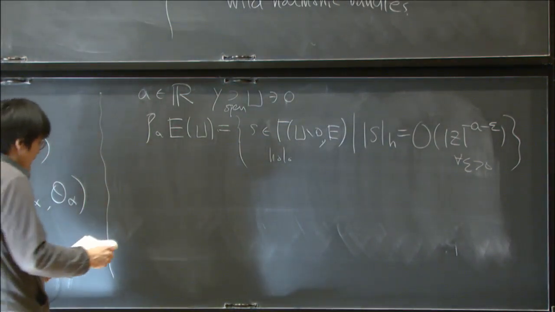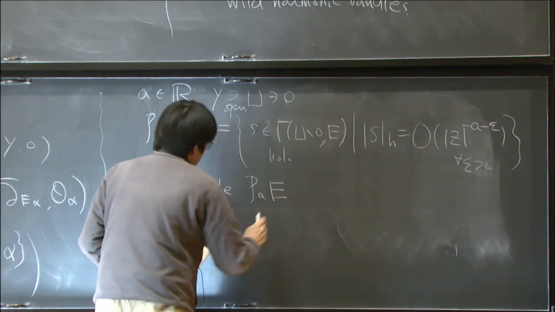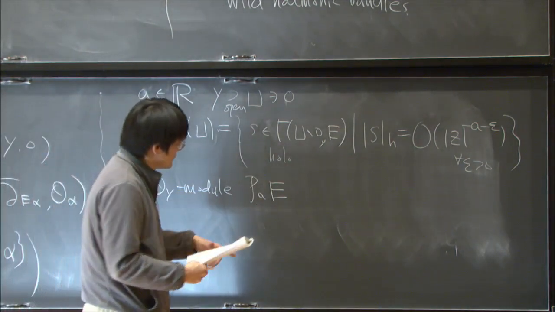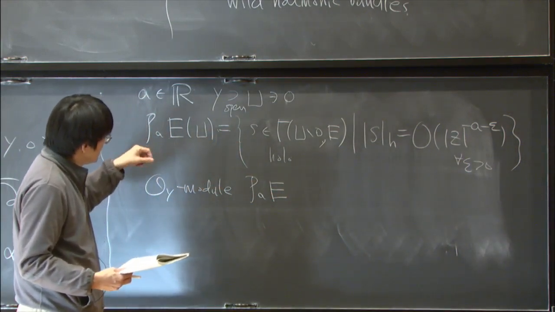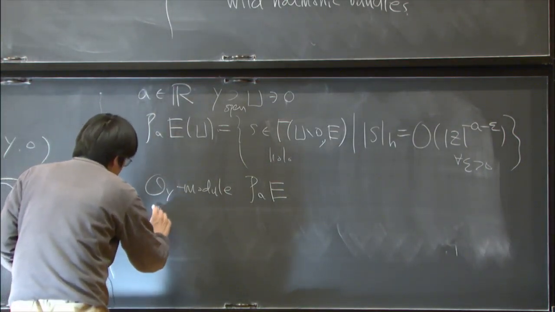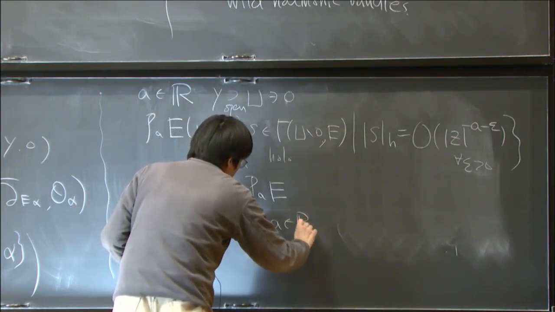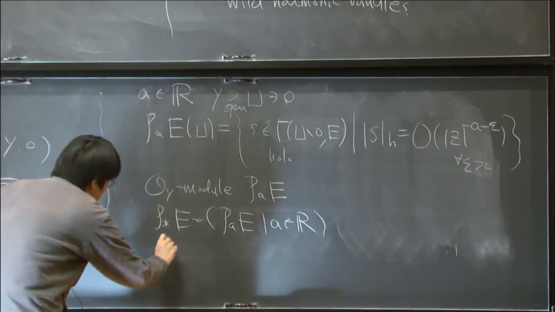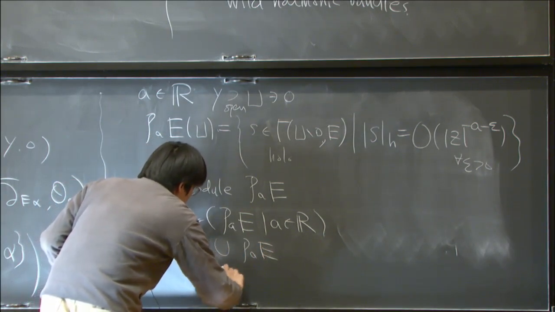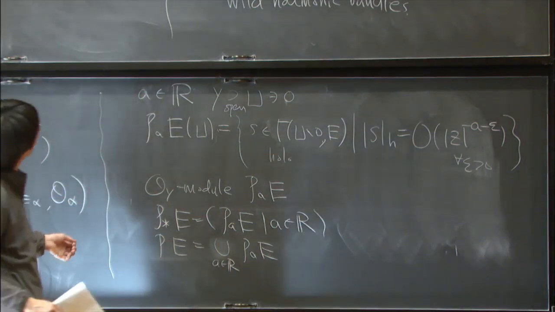So in this way, we obtain an O_Y-module P_aE whose restriction to Y minus 0 is equal to the original holomorphic vector bundle E. And P_*E is a sub of P_aE for any a, and PE is the union of the P_aE. We consider this kind of O_Y-module.